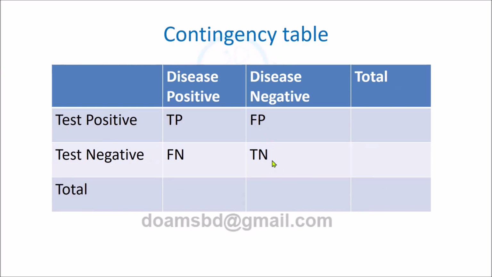Truly negative. We have to say it is a true negative. But sometimes the test will be negative, but actually the disease was there. For example, in rheumatoid arthritis, rheumatoid factor is negative, unfortunately, but the patient has the disease. It may happen also. Clear, doctor? Yes. It will be called a false negative.